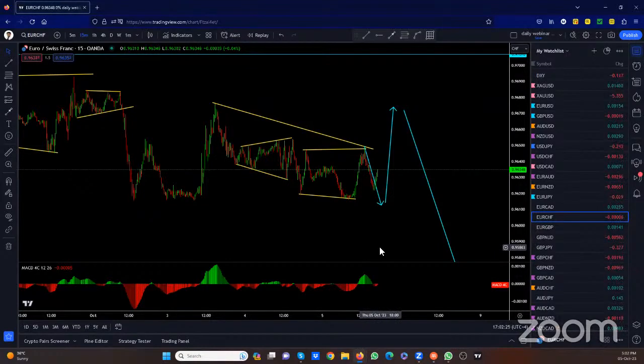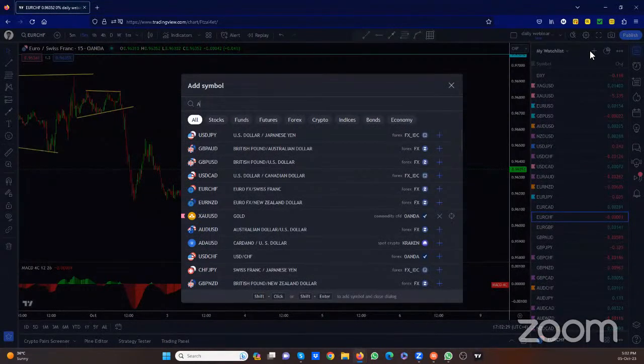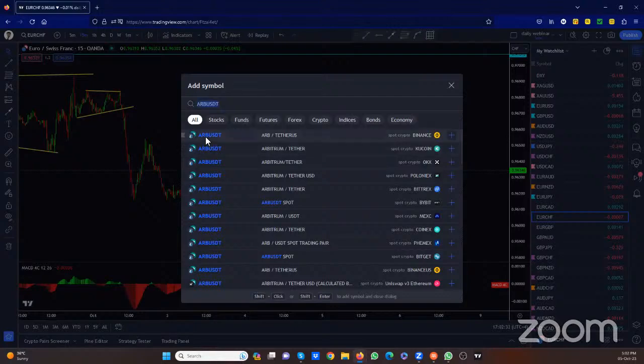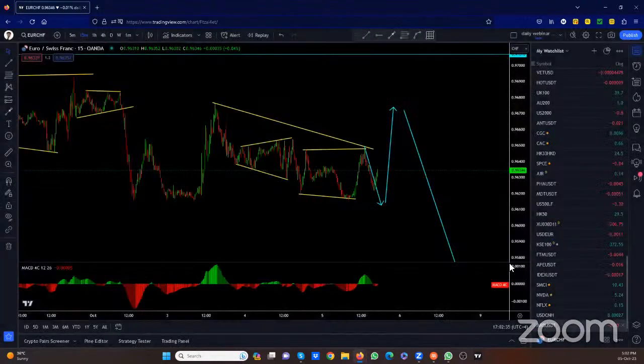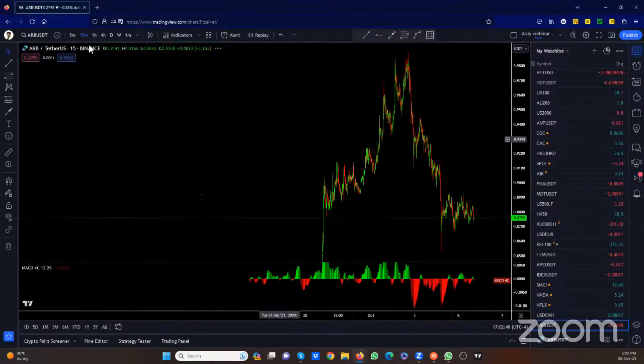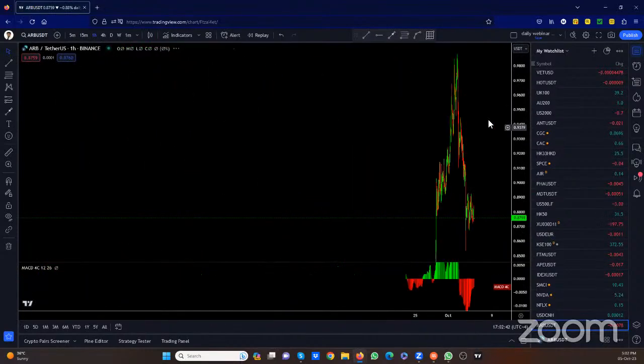And ARB USDT. Let's go. Okay, this one looks interesting.